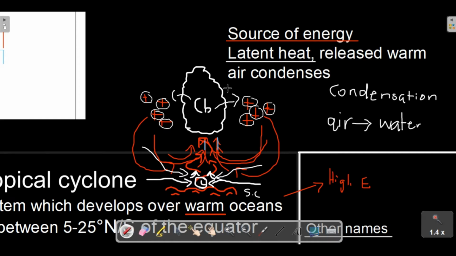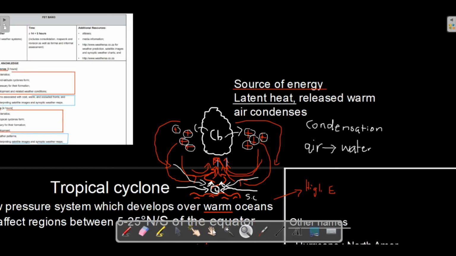This continues further on, and even more air masses join the circulation because latent heat is released and feeds into the system, leading to further development of the tropical cyclone. So it's very important that you know that latent heat is released during condensation and helps develop the tropical cyclone even further.